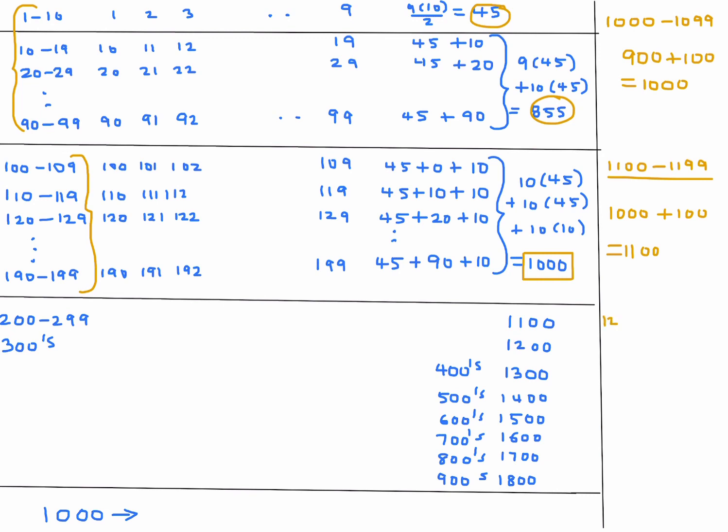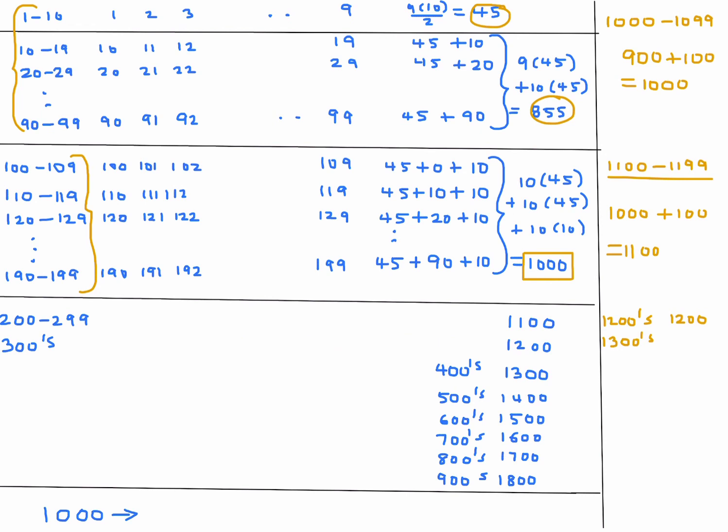So the 1,200s, well, let's look at the 200s. The 200s gave us a sum of 1,100. So we have to add 100 to that. So the 1,200s would give us a sum of 1,200. If you want the 1,300s, we would look at the 300s, which is right here.